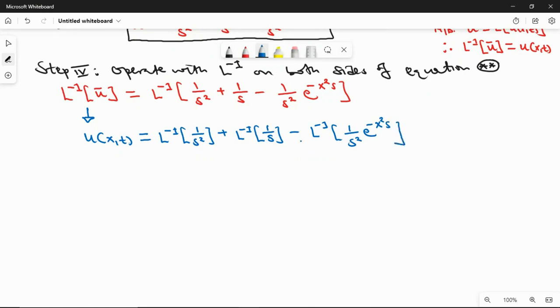So that's what we have. Now, to get the inverse, you need to refer to the Laplace transform table.